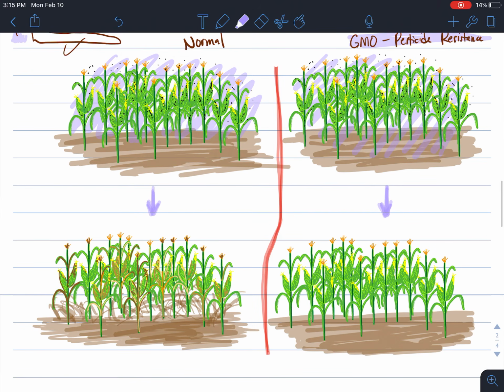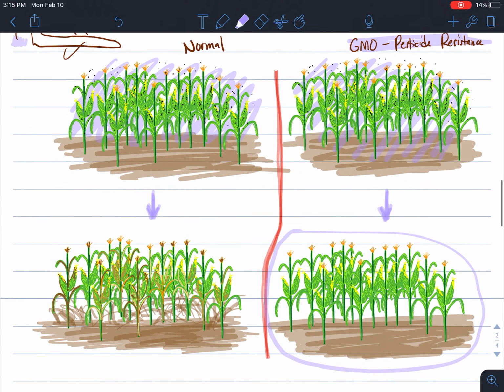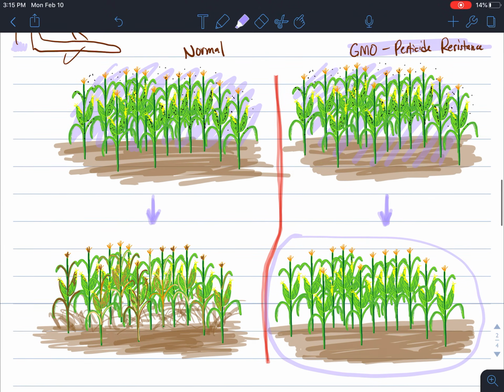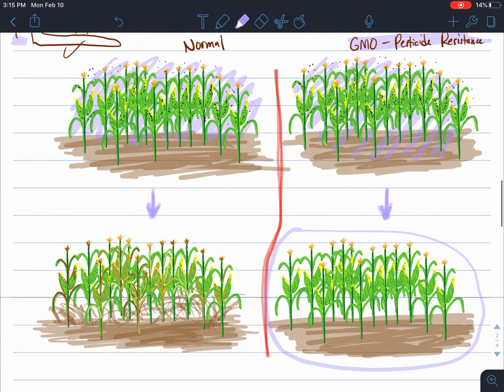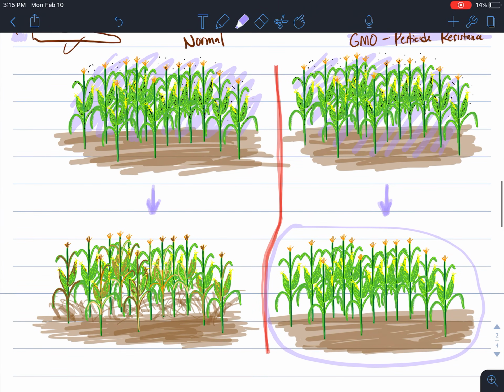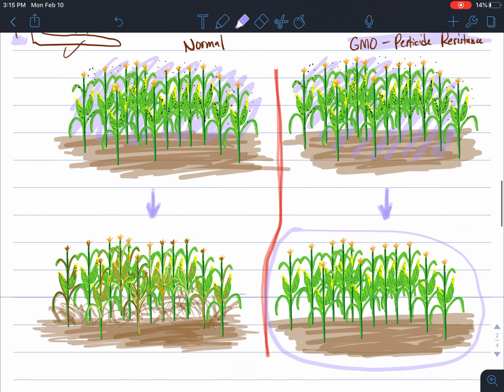So in some cases, GMOs can be really beneficial because it can help an organism fight off different chemicals or pests, or even the lack of water or too much sunlight. And so it can help us in this world design organisms that can be better suited for the environments that we want them to live in, even if they're not, quote unquote, supposed to be living there.